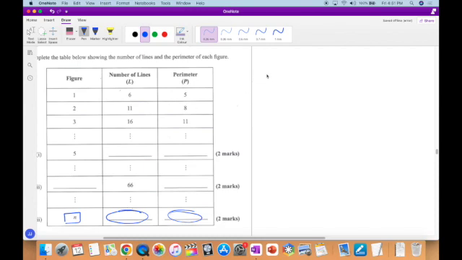So we are talking about Figure 1, 2, 3, and let's talk about the number of lines L. So that is 6, 11, and 16, and of course we have 1, 2, 3 over here as being our n. So what multiply by, if I take 6 times 1, I'll get 6, but 6 2s are 12, and that's not going to work, right?